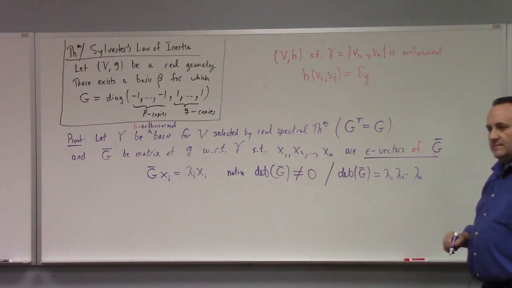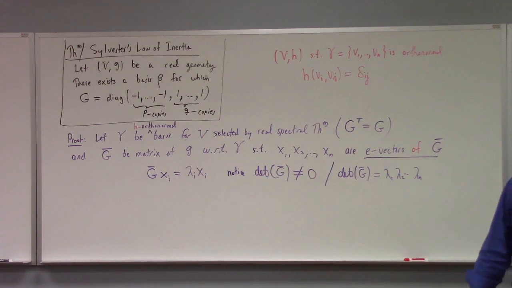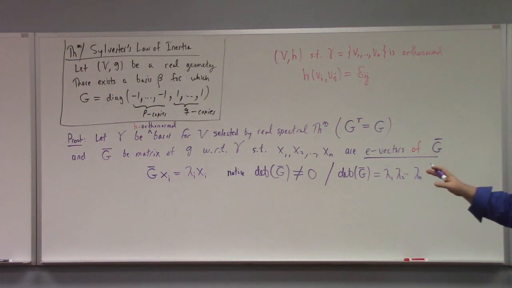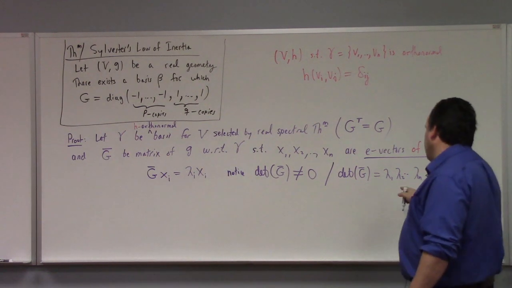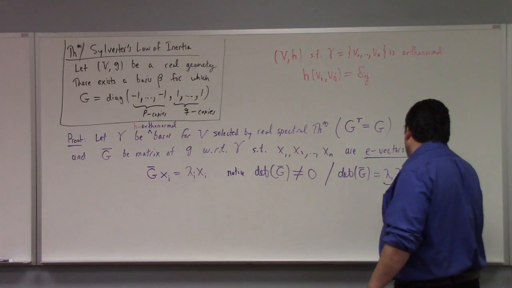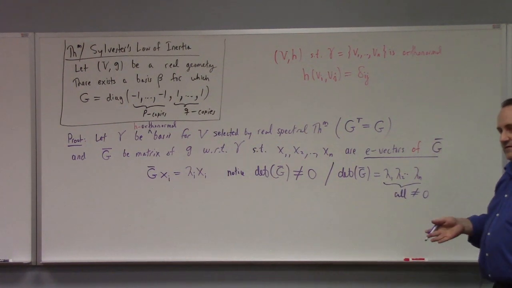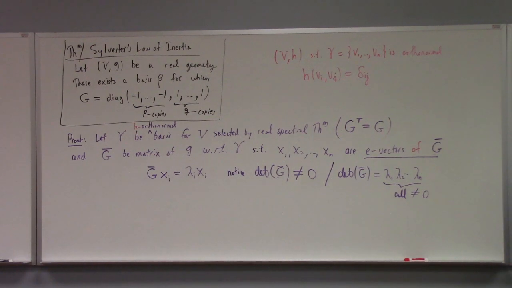And no need for complexification or anything fancy here. This is a symmetric matrix, so the eigenvalues are all real. So these are all non-zero, which means that every eigenvalue is either positive or negative.